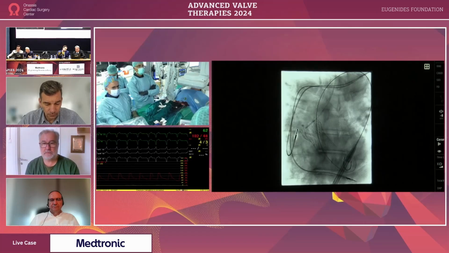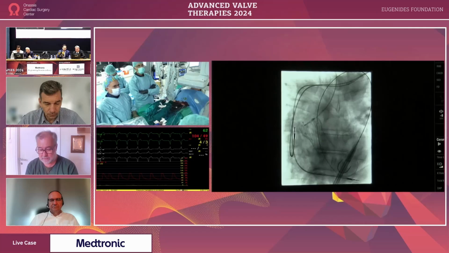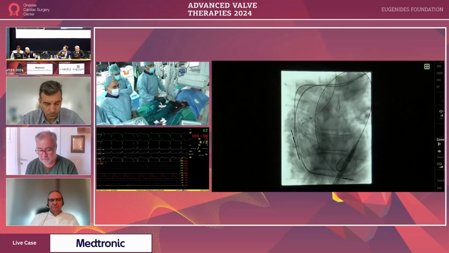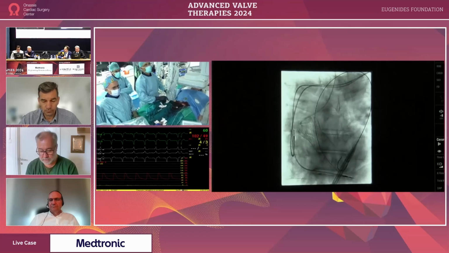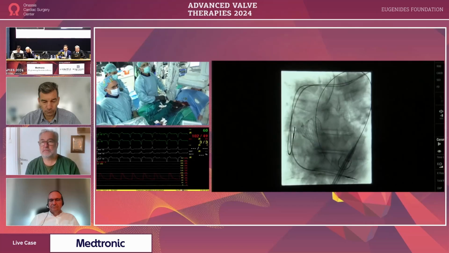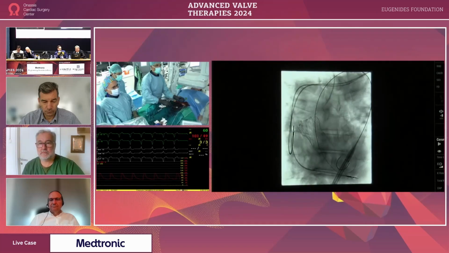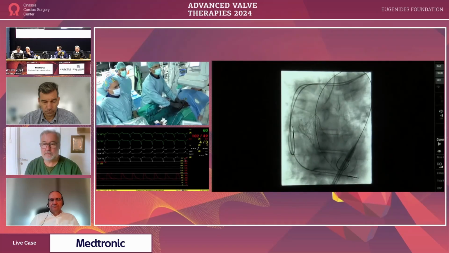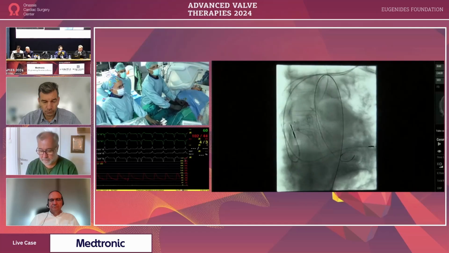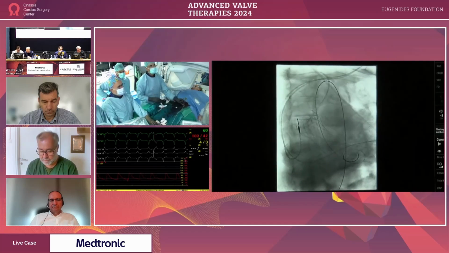So before pulling the nose cone, I always take another orthogonal view to see that everything is spread appropriately. Yes, especially when you have more than one recapture, we need to make sure there's no infolding anywhere. Most of them were with the 34 valve, but we had experience with 29 and 26 as well.